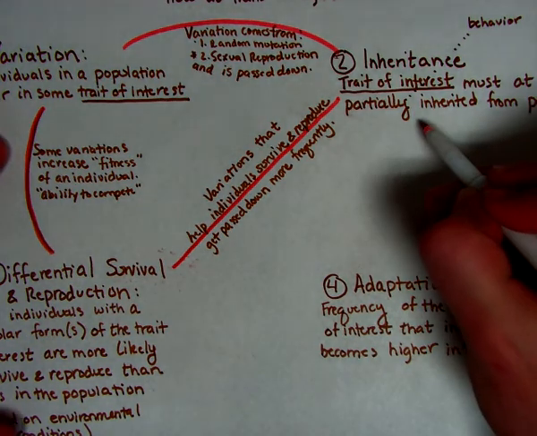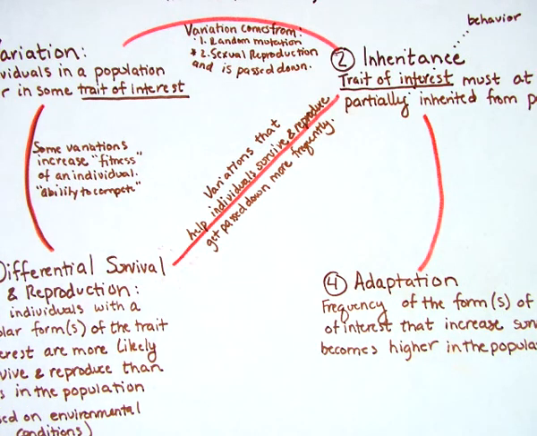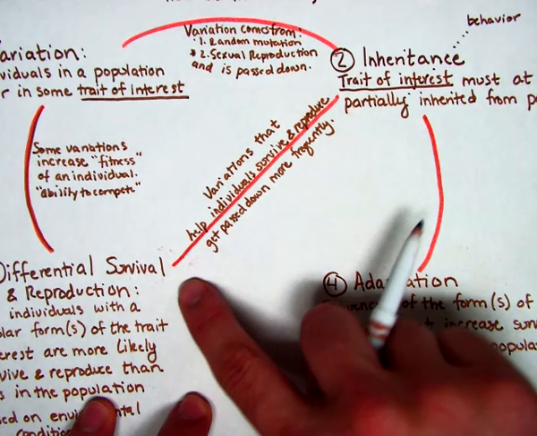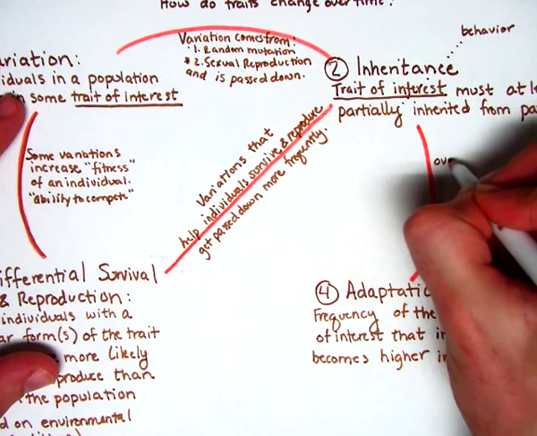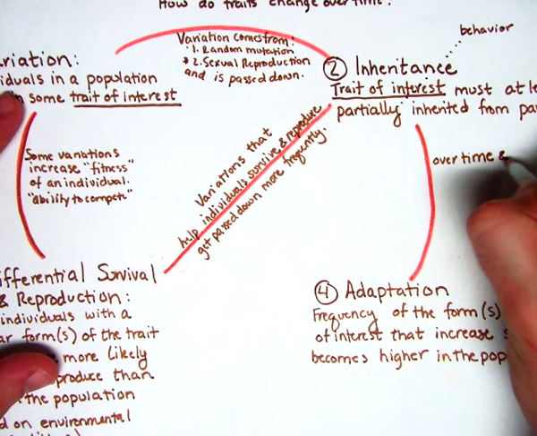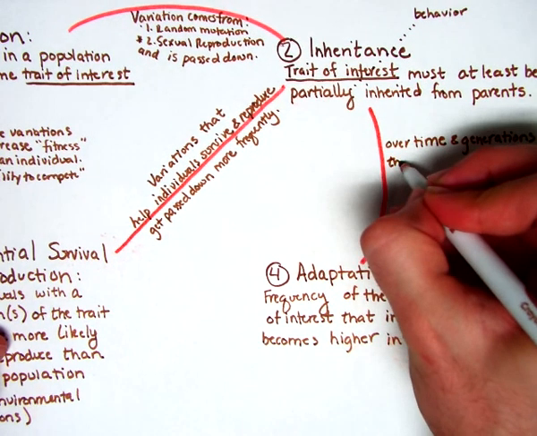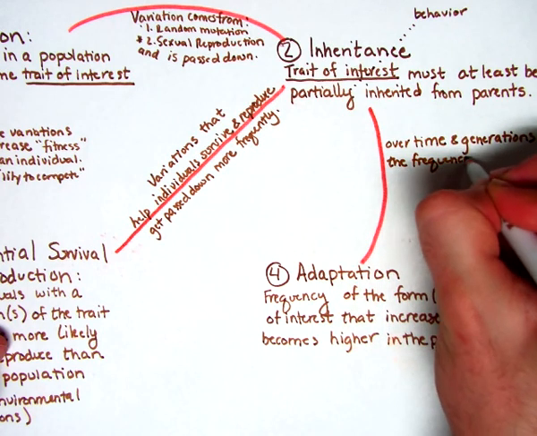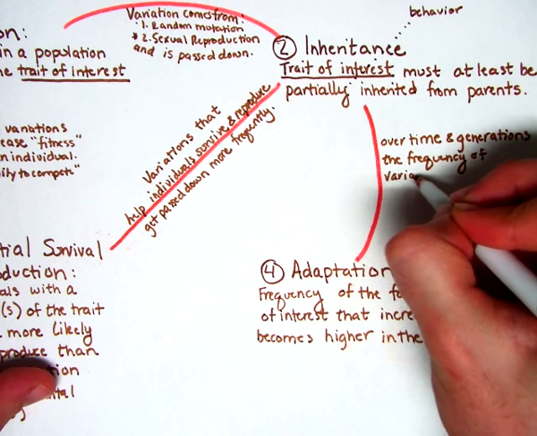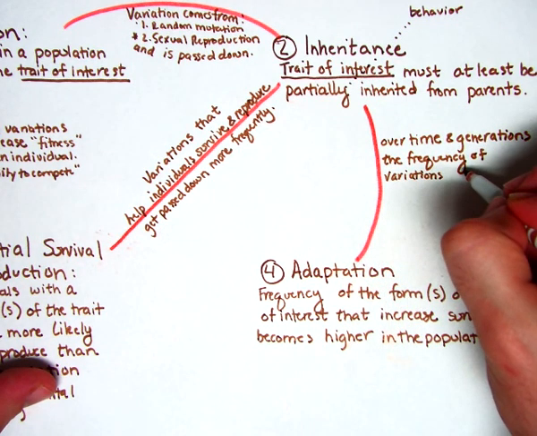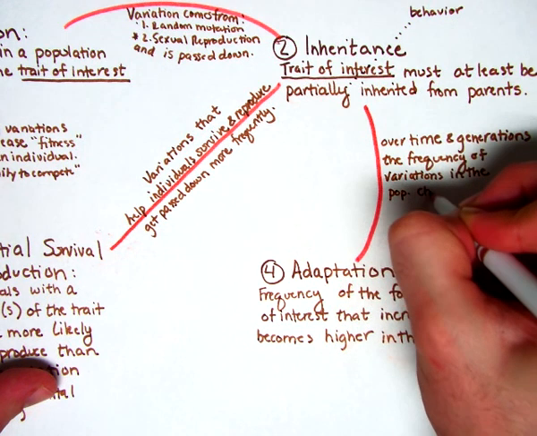The last two here that we're going to talk about: inheritance and adaptation. So as this gets passed down more frequently, what's going to happen is that over time and generations, the frequency of variations in the population changes.